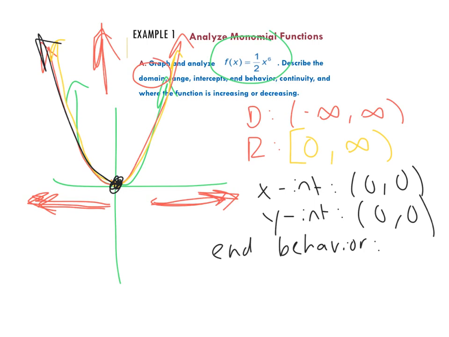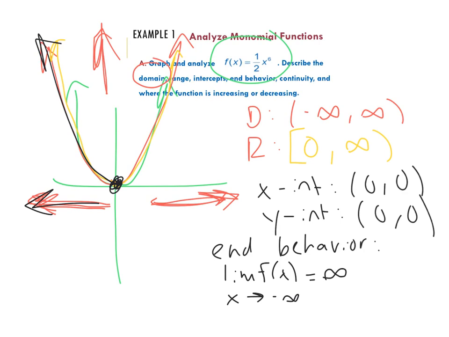So we could say something like the limit of f of x as x approaches negative infinity. Now pay attention to the way it's written down. You've already done continuity, so you should be used to these limit statements. But the limit of f of x as x approaches negative infinity, so as x approaches negative infinity, our y value, our f of x value, is approaching positive infinity.